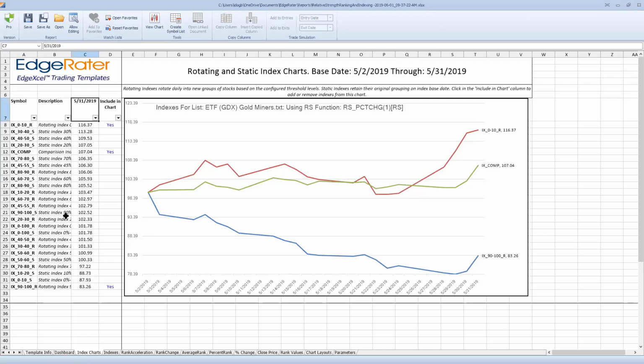Now, rotating into the top 10% of the 1 day percent changes has yielded this negative 16 and a bit percent. Rotating into the bottom of the 1 day percent changes has yielded a positive 16%, whereas the GDX as a whole has yielded 7% since that base date.